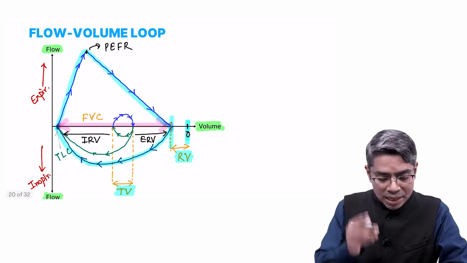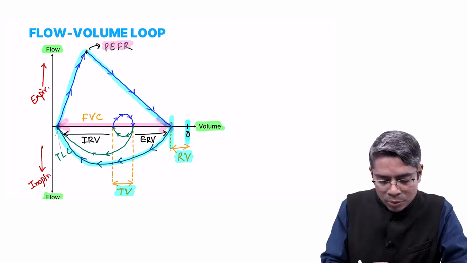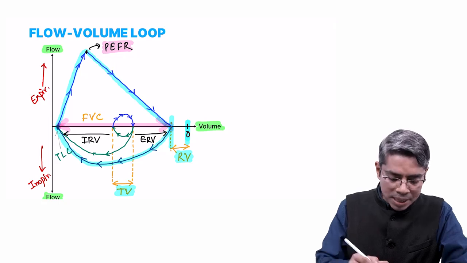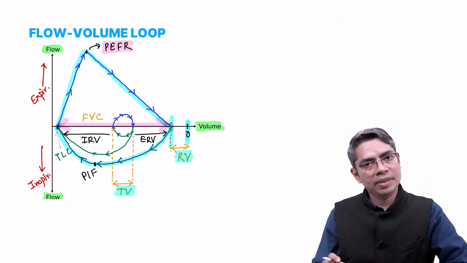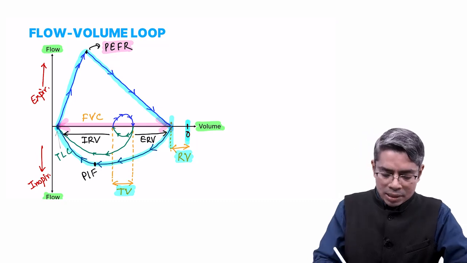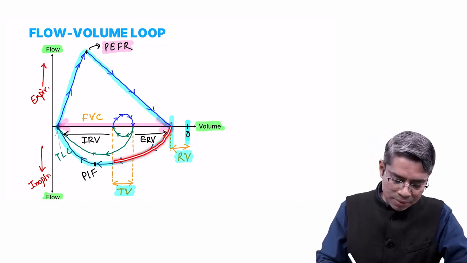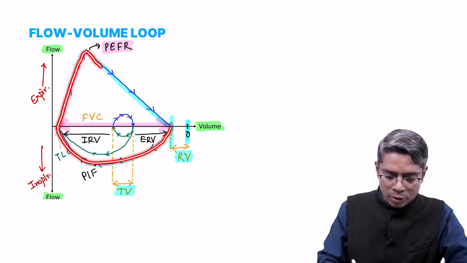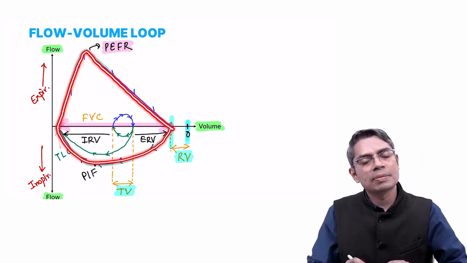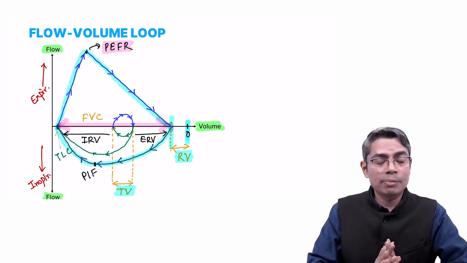The PEFR can also be calculated from the flow volume loop. And if you take the maximum flow rate during inspiration, that is known as the peak inspiratory flow. And look at the shape. Inspiration is very smooth. Expiration is also smooth, but suddenly there is a rise followed by a sudden fall in the expiratory loop of this flow volume loop.